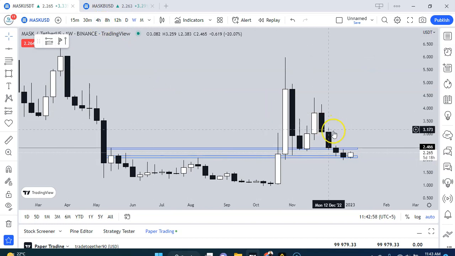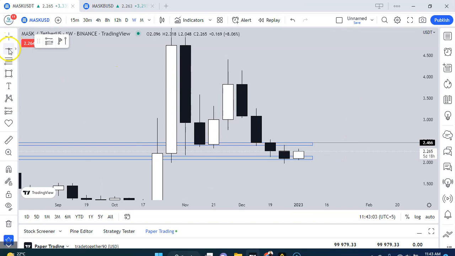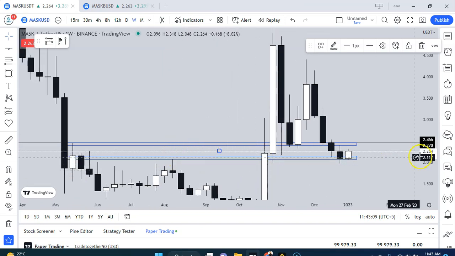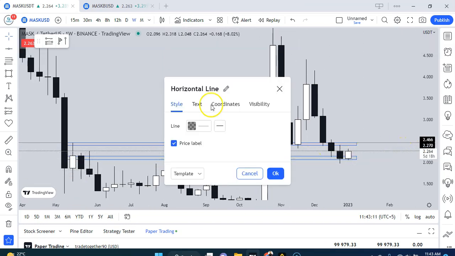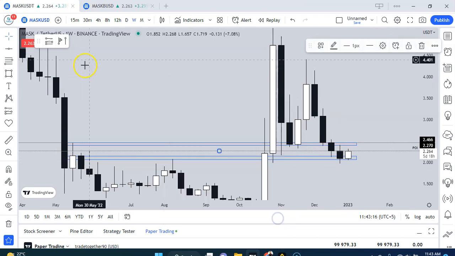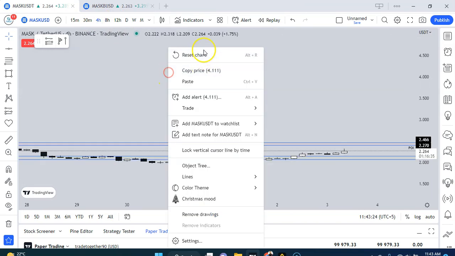Then I'm going to mark this interest area where price has been moving. Let me label it POI, point of interest. So this is the larger scale, showing where the price is heading towards, and then I will go to the 4-hour chart.